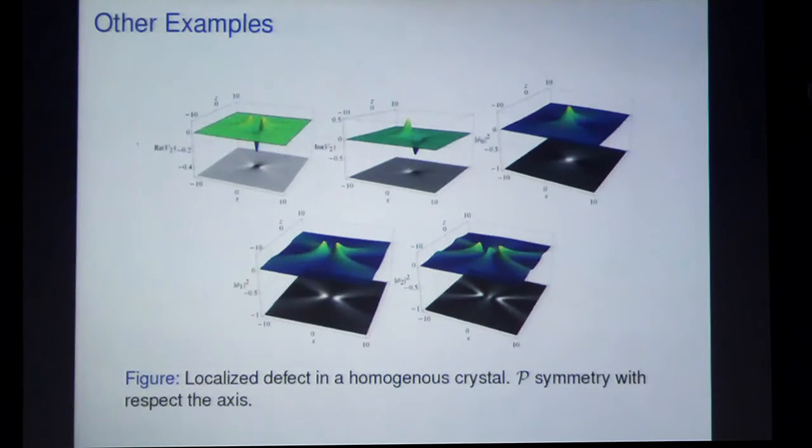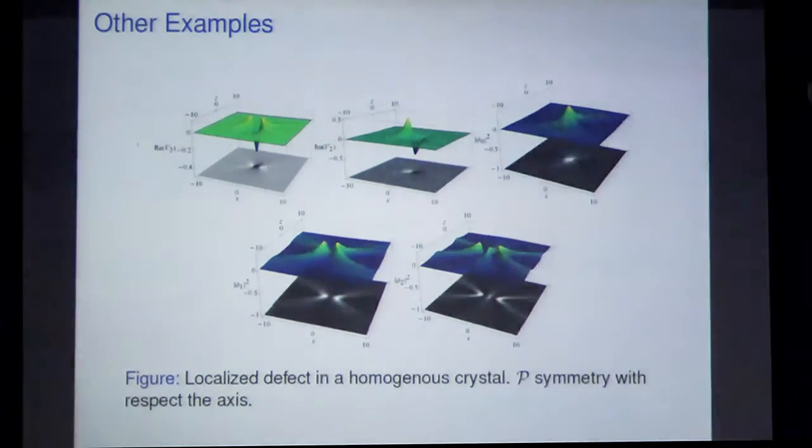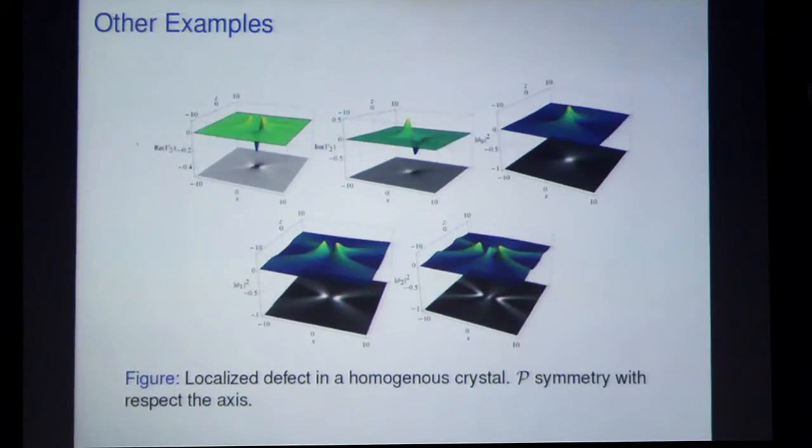Over here we have another potential with these two symmetries. It is symmetric with respect to the origin and symmetric with respect to the axis, and we obtain the solutions. This one was obtained using a second order SUSY, in particular the confluent version of the supersymmetric technique.